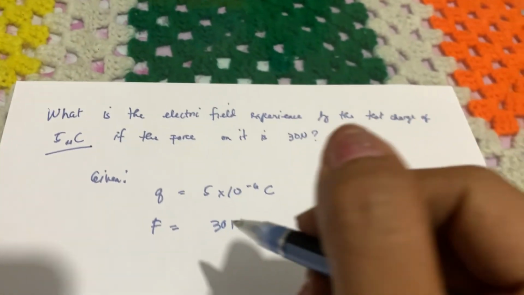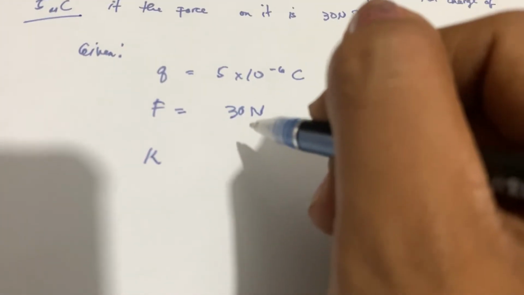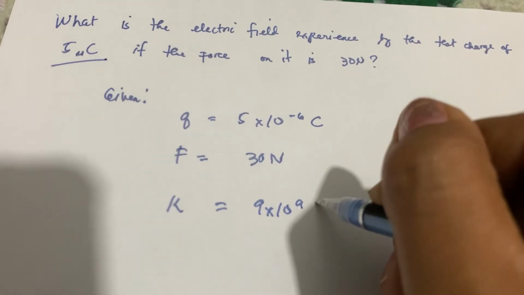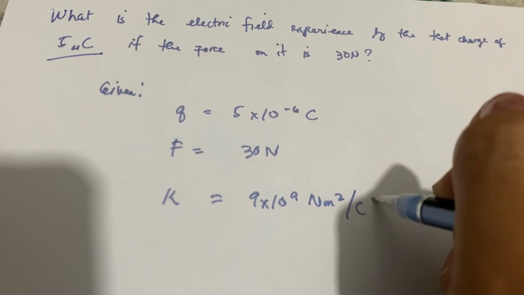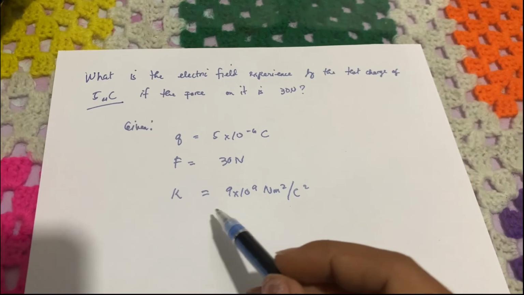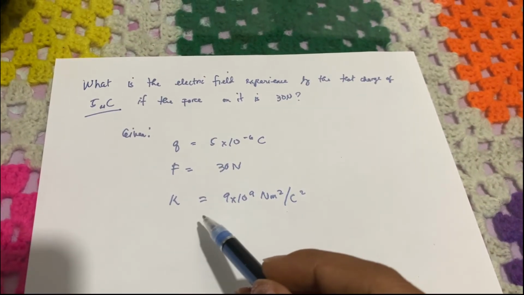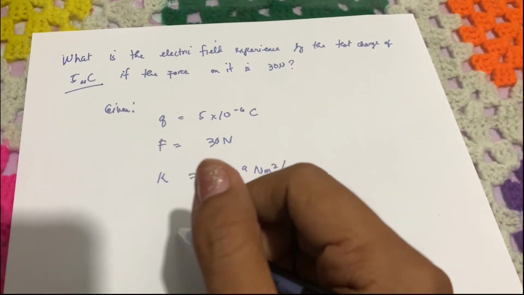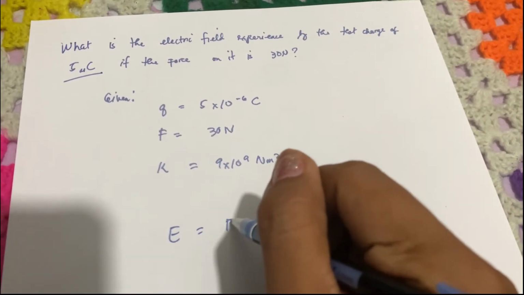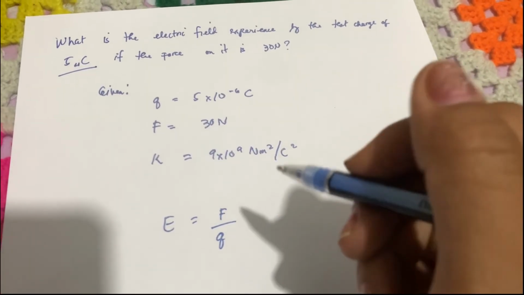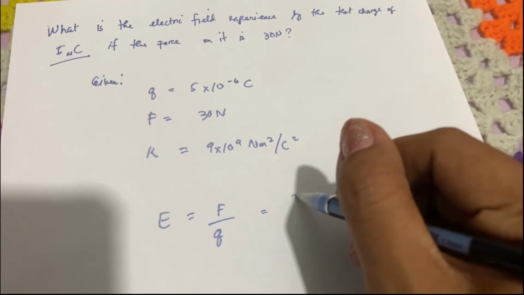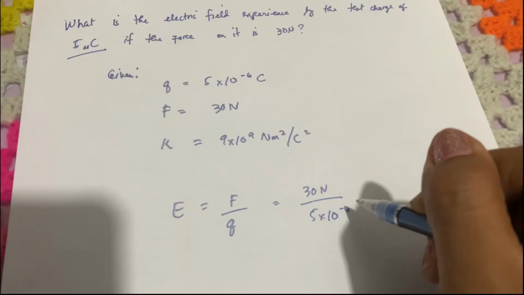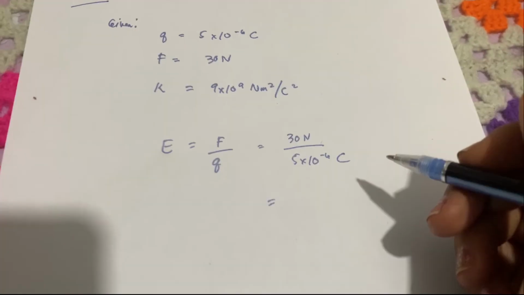Your K constant is 9 times 10 raised to 9 Newton meter square per coulomb square. But remember, you will not use your constant here because our formula for electric field is F over Q. So your F is 30 Newton divided by 5 times 10 raised to negative 6 coulomb.